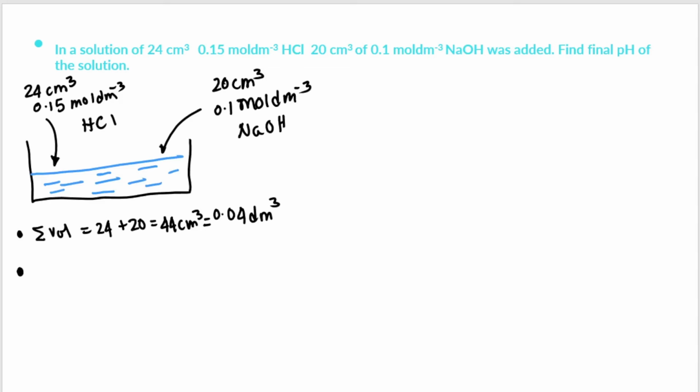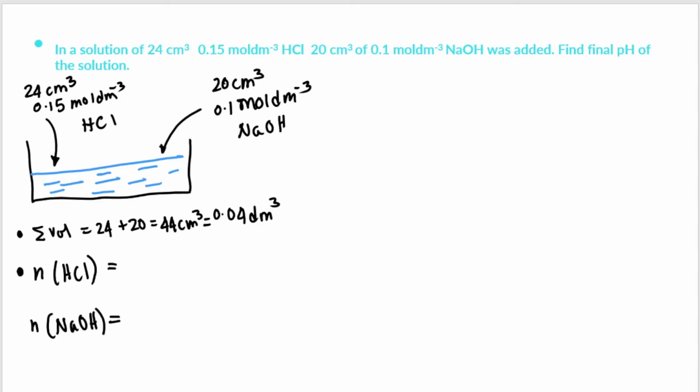So first let's find the moles of HCl and moles of NaOH, sodium hydroxide, that were placed in this solution, so that we may understand how much reacted and how much was left unreacted, and which reagent was left unreacted, because this is a limiting reagent type of question.